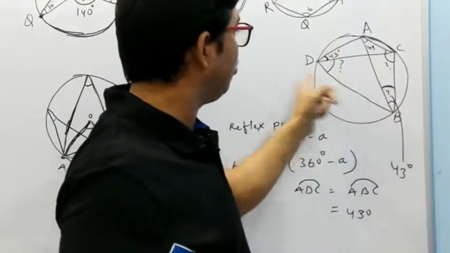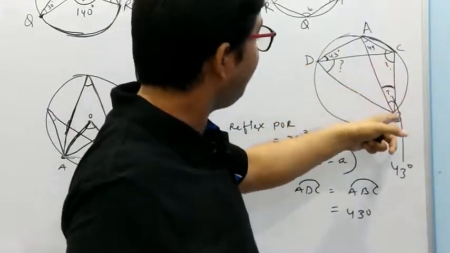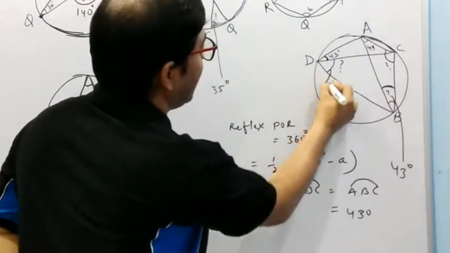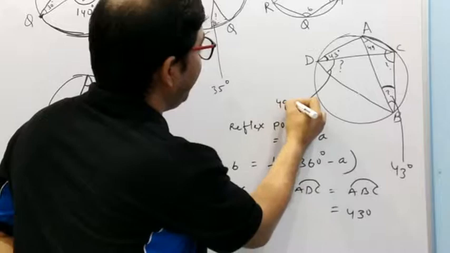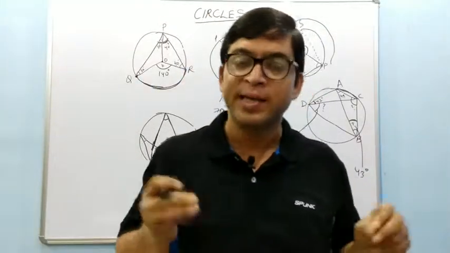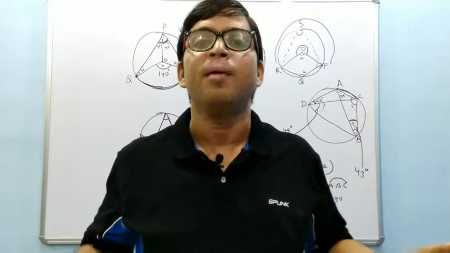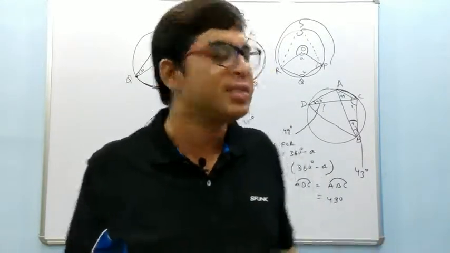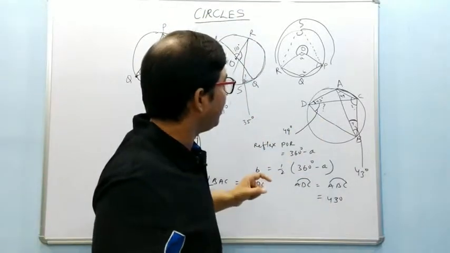If BAC is 49, then BDC is also 49, because angles made in the same segment of the circle by the same arc are equal. Very simple language. So this is 49 degree.